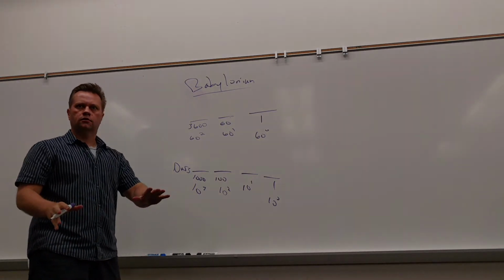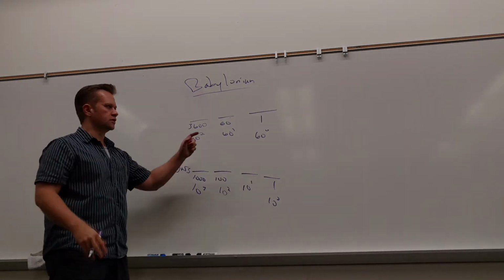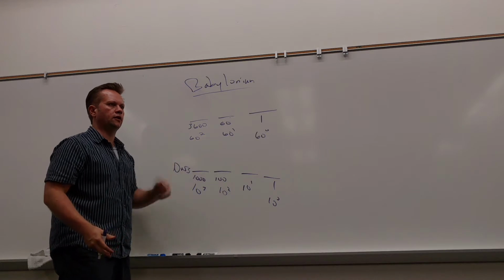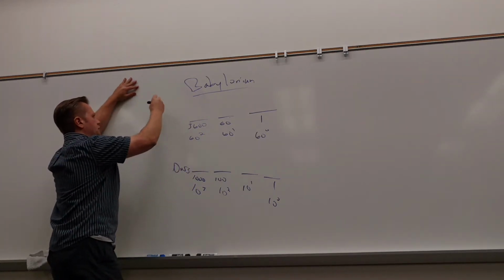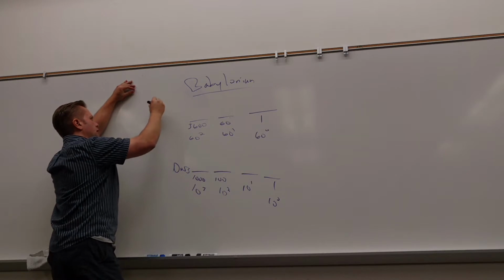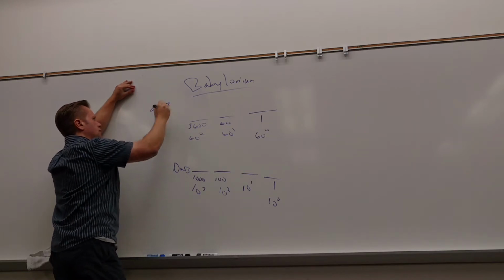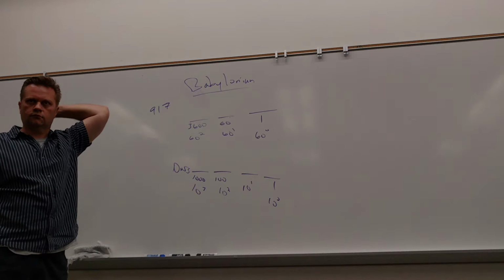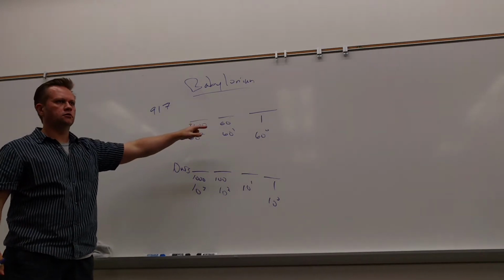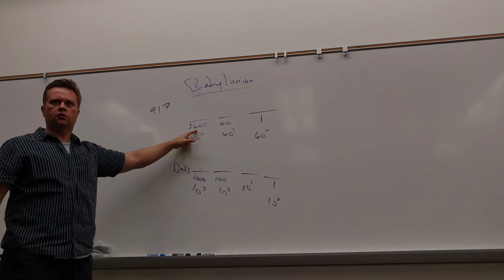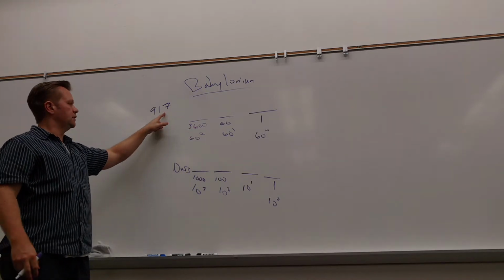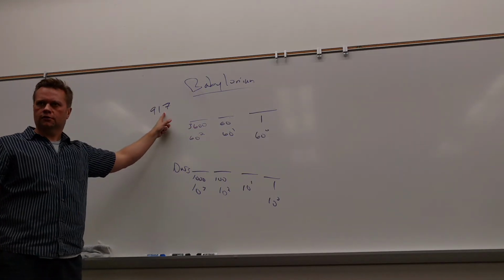Let me stop there. This is good, because it's going to feed right into what we're going to do today anyway. Specifically, if I had, for example, the number 917, how far up do I have to go? Do I have to go up to here? No. Are there any 3600s in 917? No. You guys with me?